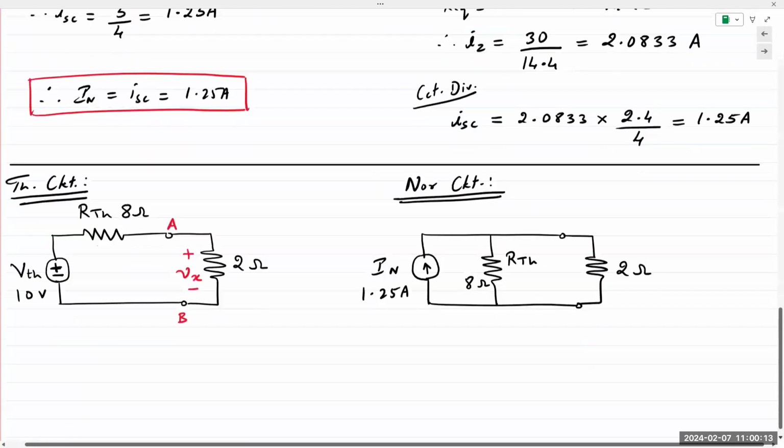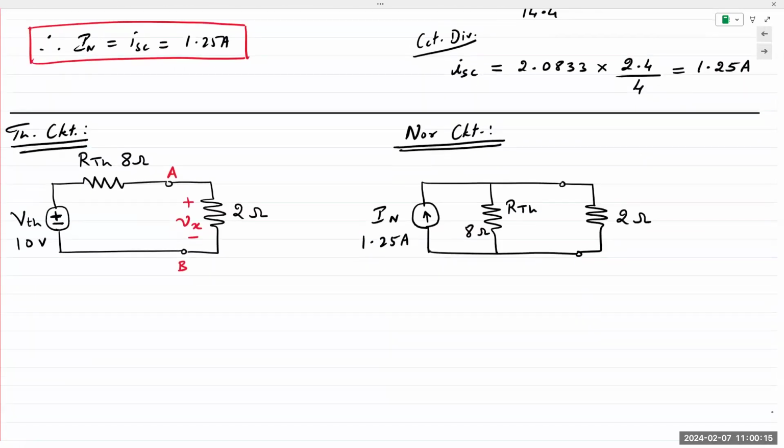And that short, again, the original problem statement was to find the Thevenin and Norton as represented by the 2 ohm resistor, right? So we place a short in place of the 2 ohm resistor to find Norton current. And when you want to find Thevenin voltage, we simply remove the 2. It should be open terminals. But once we finally have our circuits, we connect the 2 ohm resistance back into the circuit, and that is our final answer.